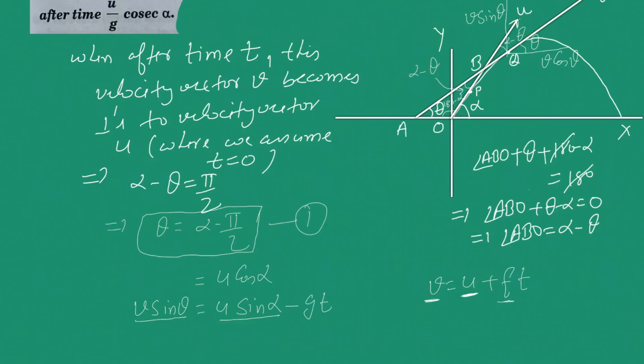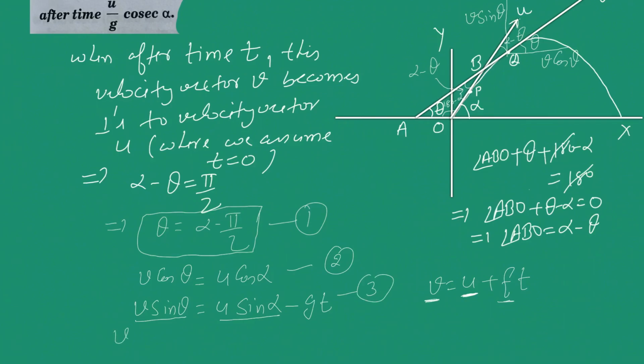So this implies that v sin theta equals u sin alpha minus gt, and here it will be v cos theta equals u cos alpha, because the horizontal component always remains the same, it is not going to change. May I name it as equation number 2, and we may name it as equation number 3.